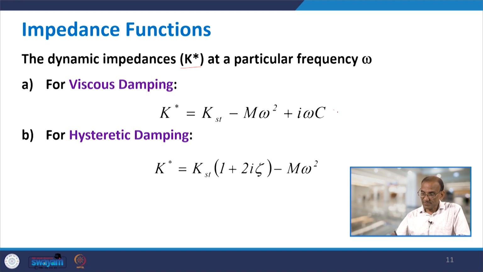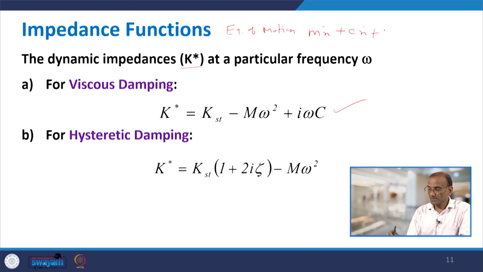How has this equation come? This equation comes directly if I write the equation of motion. Let me write it here. The equation of motion is m x double dot plus c x dot plus k x equal to P naught e^(i omega t).